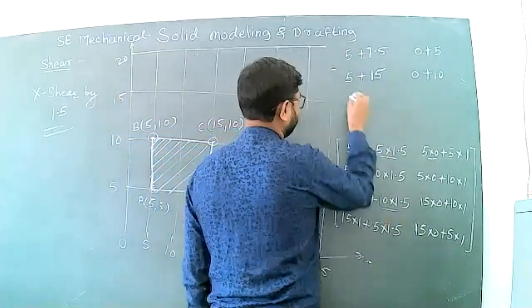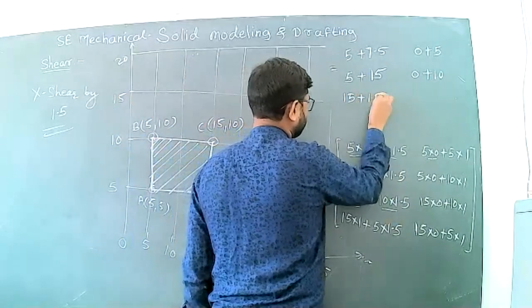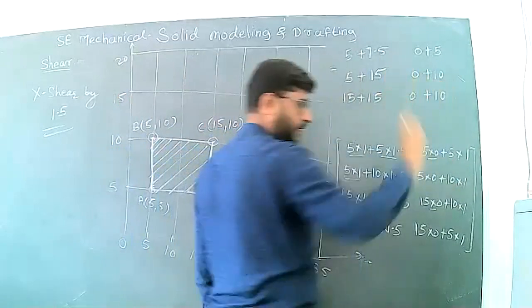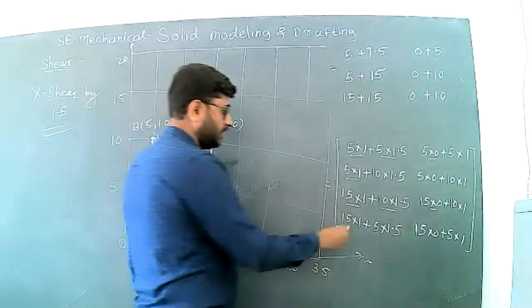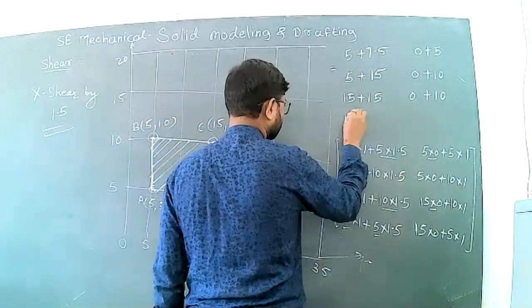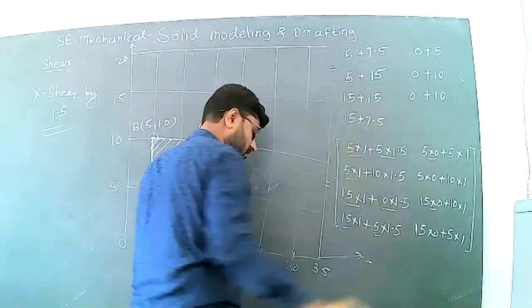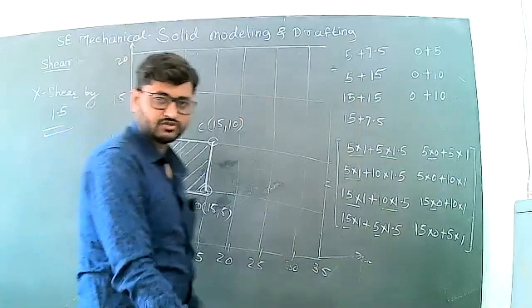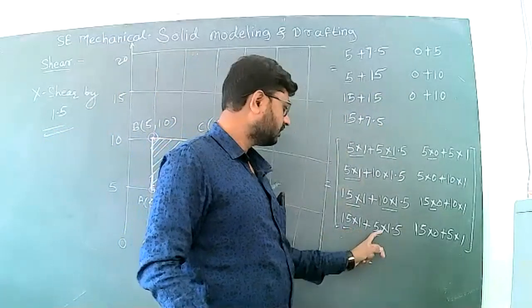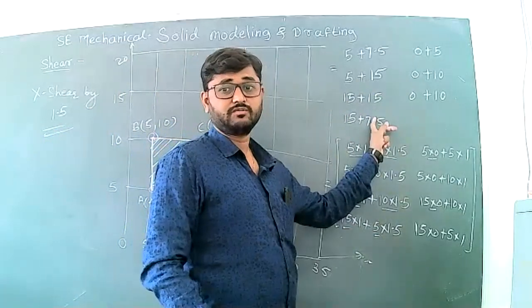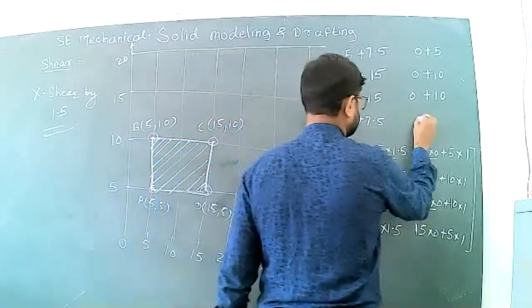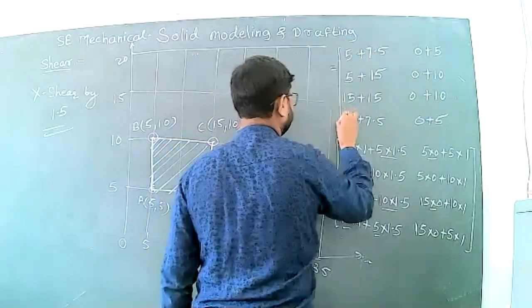Then 15 plus 15. And it is 0 plus 10. And the last, 15 plus 5 into 1.5 is 7.5. 15 into 0 plus 5 is 0 plus 5.